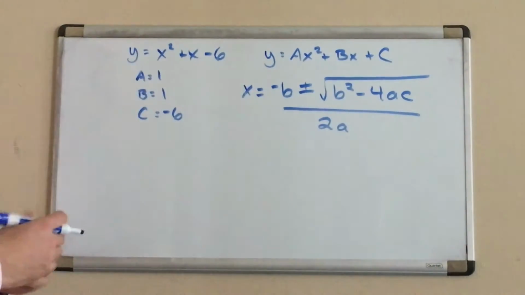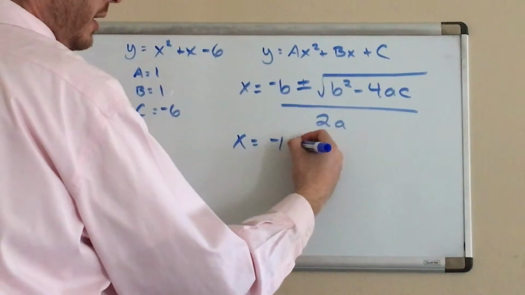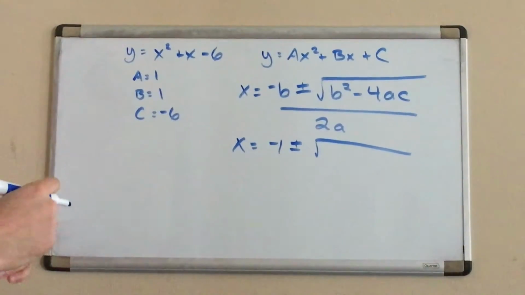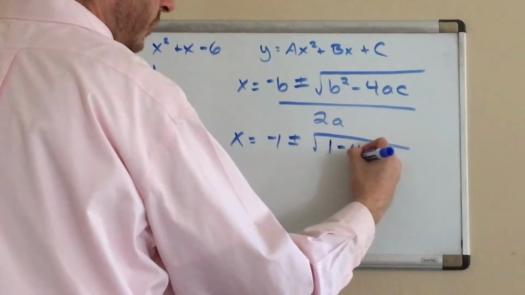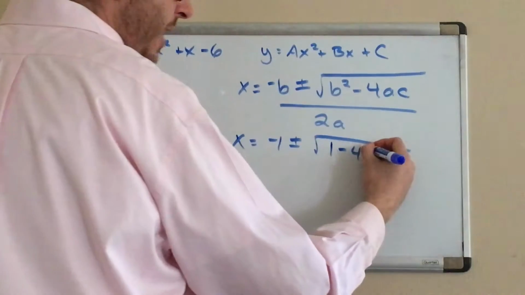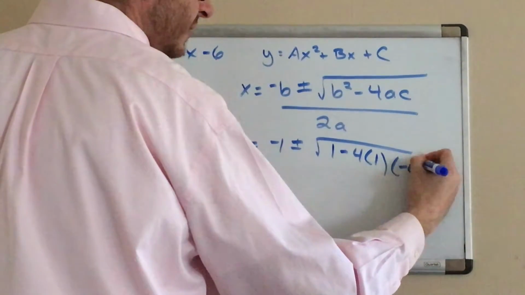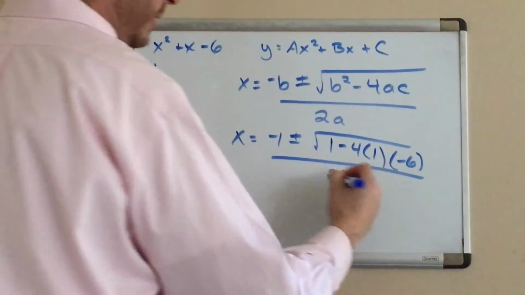Well, our b term is 1, so we have -b, which is -1, plus or minus the square root. Well, my b is 1. If I square my b, I get 1 minus 4 times a, which is 1, times c, which is -6, all over 2 times 1.